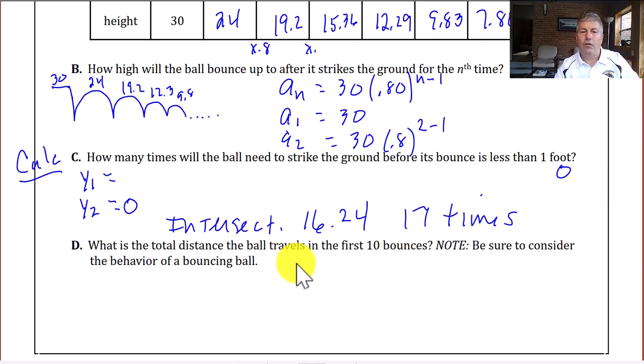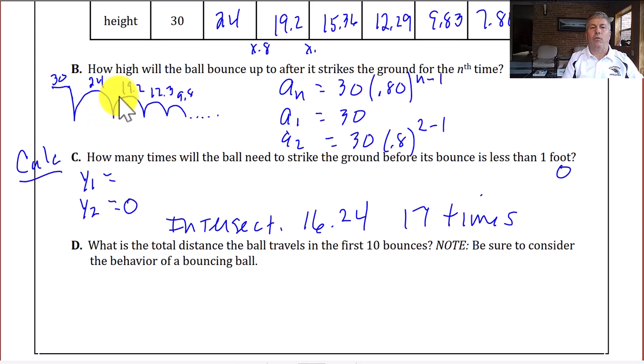What is the total distance the ball travels in the first 10 bounces? Note, be sure to consider the behavior of the bouncing ball. And I think they're asking for just the vertical distance here. So when it drops 30, but then when it goes up to 24, it also goes down 24.